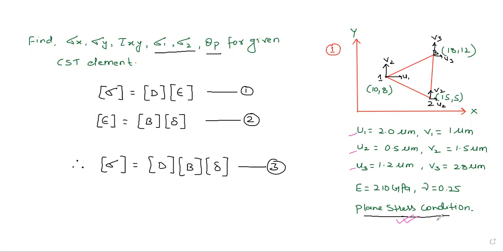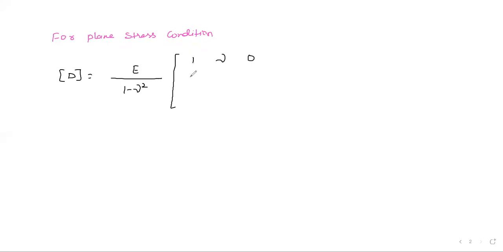So as it is a plane stress condition, the D matrix for plane stress can be written as E upon 1 minus nu square into [1, nu, 0; nu, 1, 0; 0, 0, (1 minus nu) by 2].